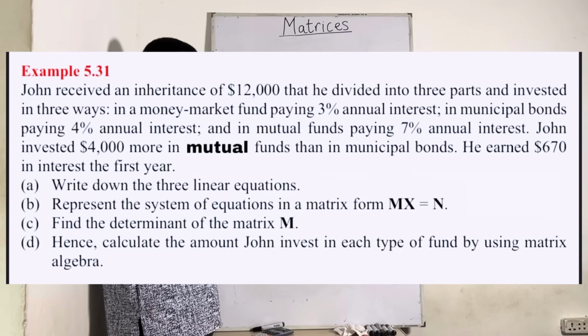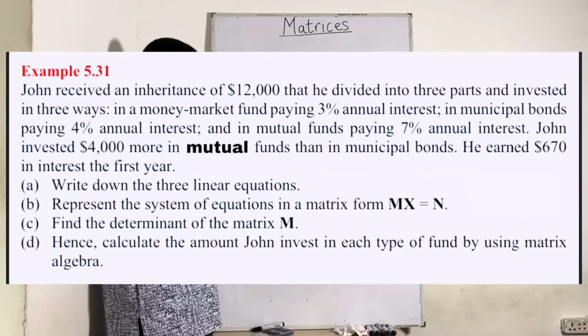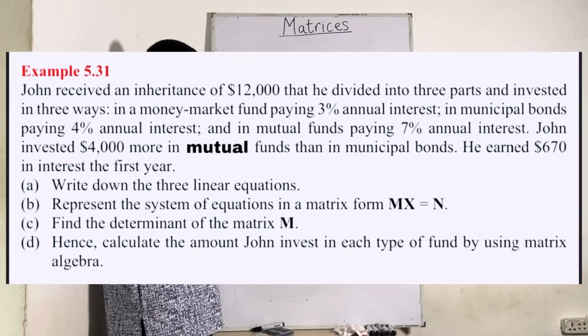He earned $670 in interest the first year. A. Write down the 3 linear equations. B. Represent the system of equations in matrix form MX is equal to N. C. Find the determinant of the matrix M. D. Hence, calculate the amount John invested in each type of fund by using matrix algebra.